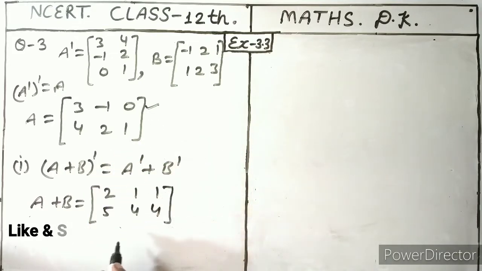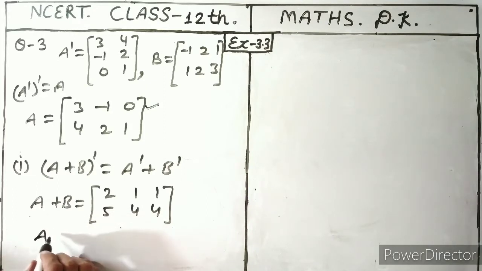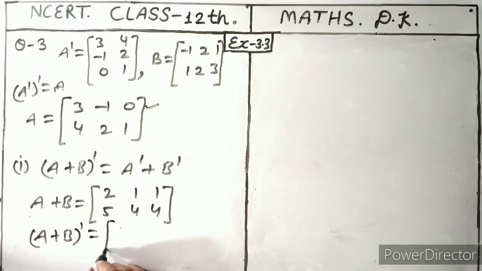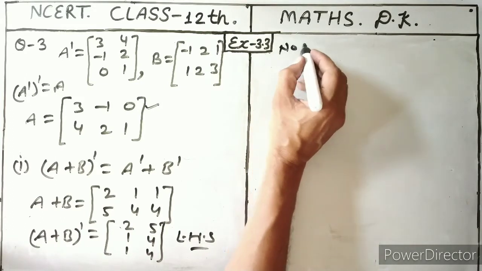This is A plus B, and its transpose is 2 1 1 5 4 4. This is (A plus B) transpose. This is the left hand side. Now the right hand side.